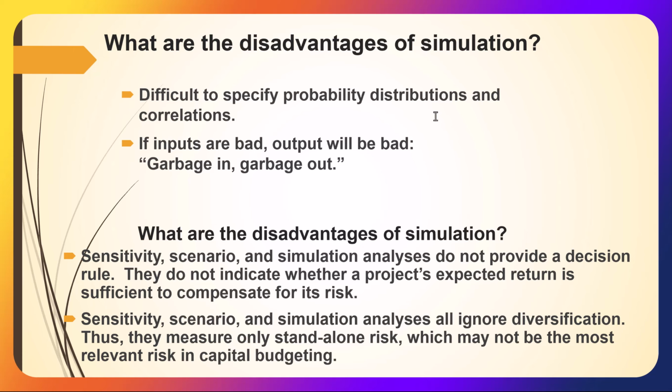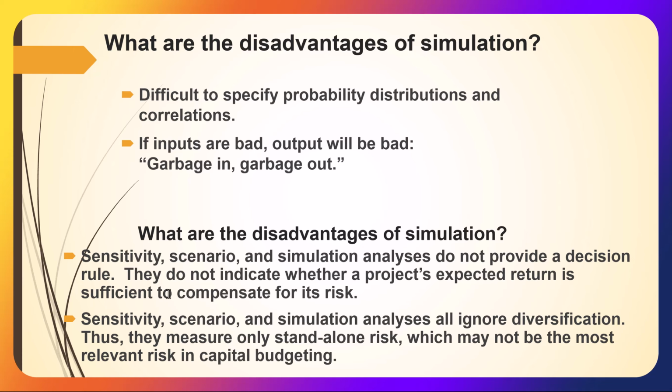The disadvantages: coming up with the correct probability distribution for each variable is difficult. And if inputs are bad, the output's going to be bad. So the overall disadvantages of simulation itself, sensitivity, scenario, and simulation analysis don't provide a decision rule.